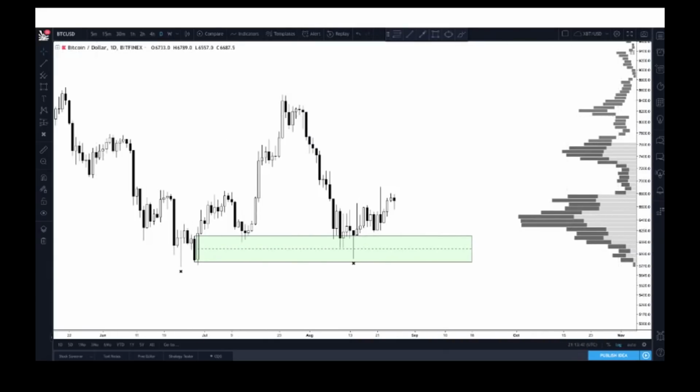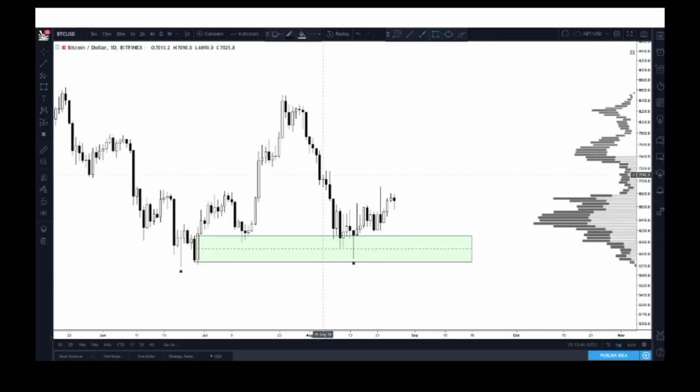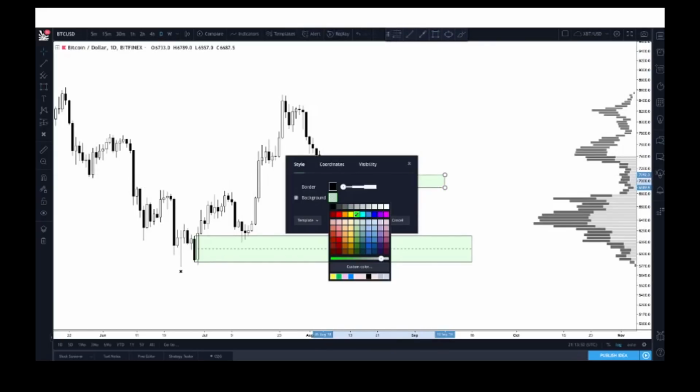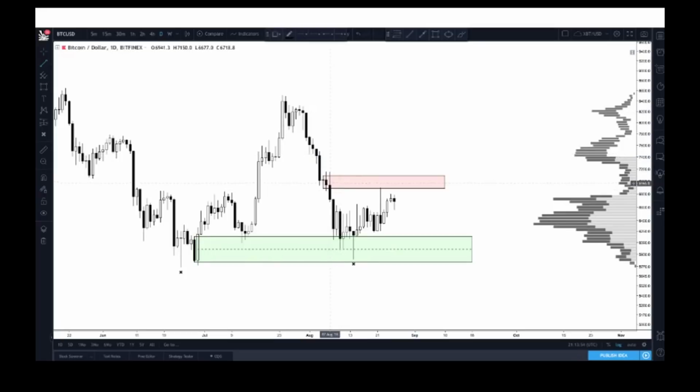Then I'll go ahead and draw my daily supply level, which is clear right over here, with an EQ roughly 69.91.